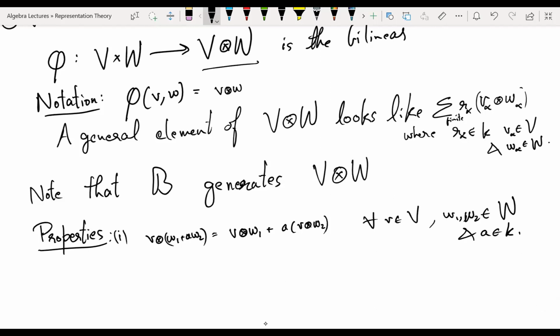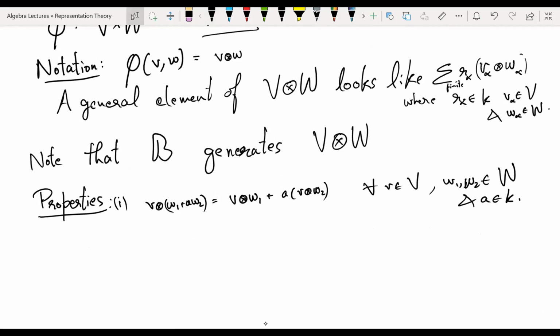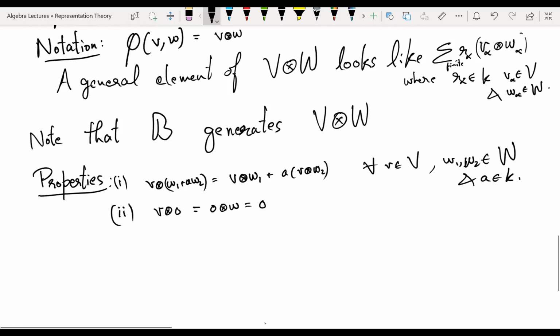Here you can just cite these properties for modules, not necessarily for vector spaces. Then v tensor 0 is the same as 0 tensor w, which is the same as 0. So this is the zero element of this module, or this vector space. Tensoring anything with 0 gives you 0. This is the 0 of W, this is the 0 of V, and this is the 0 of V tensor W, so these are different vector spaces.